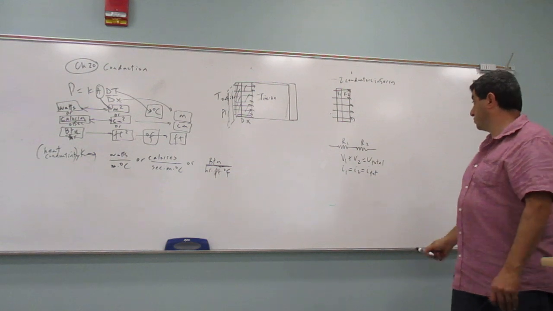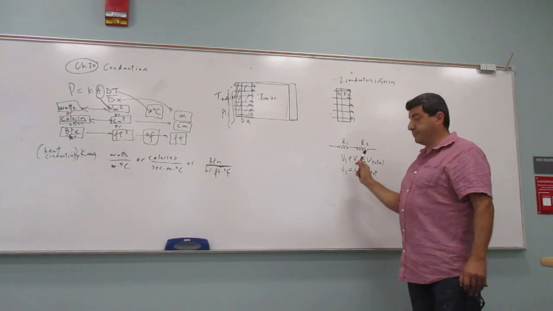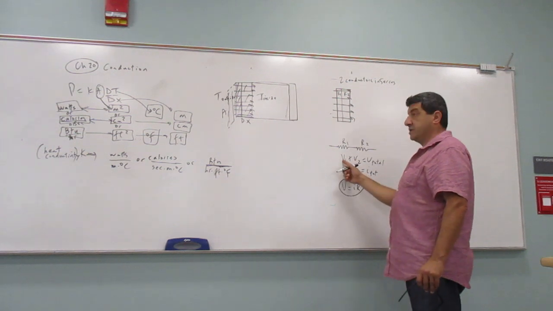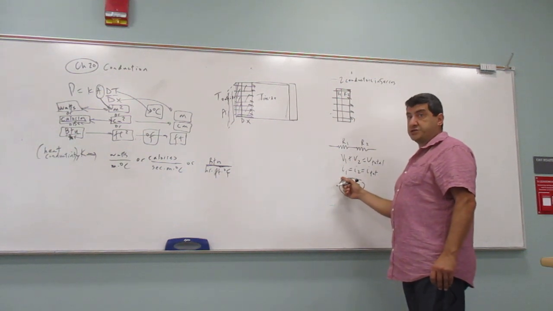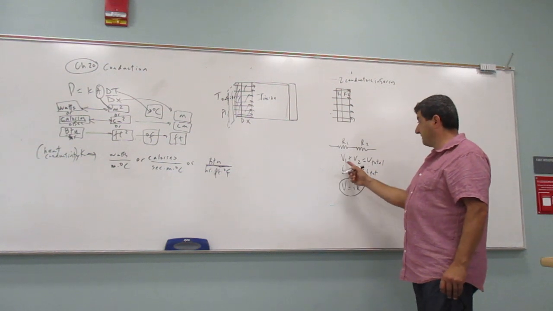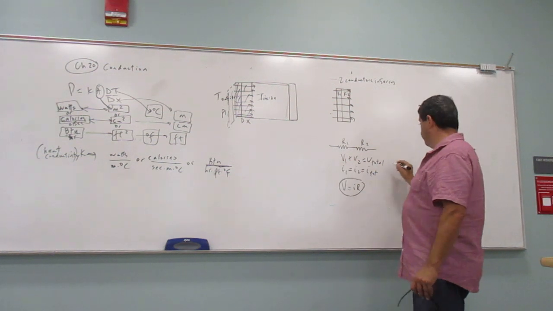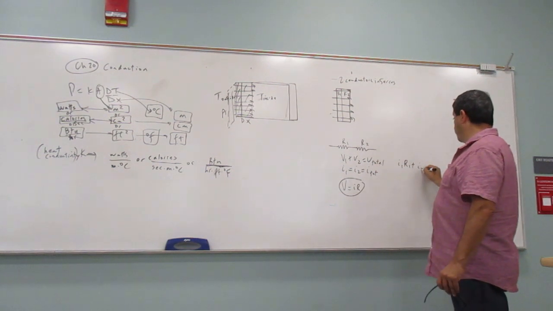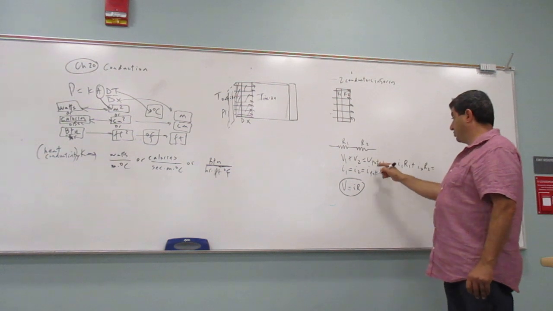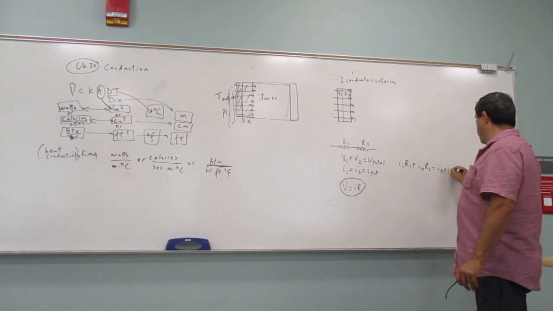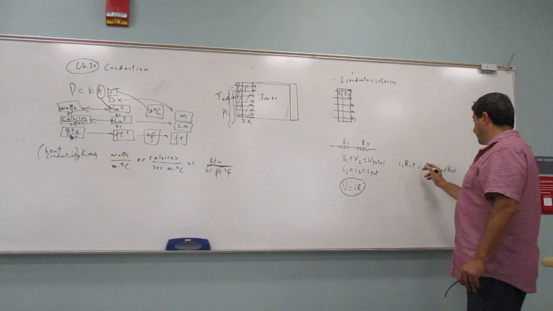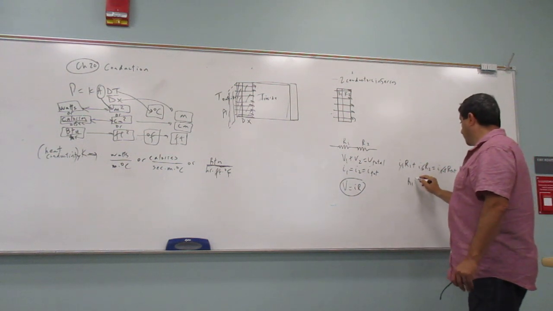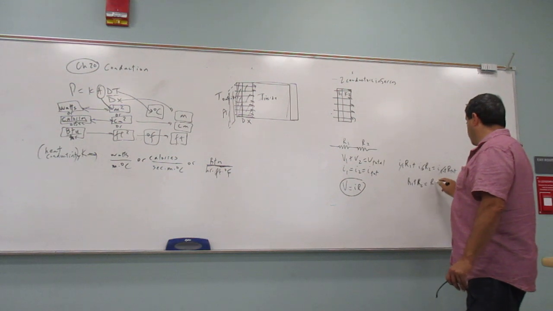To determine how the resistors add up, we use voltage is current times resistance. So V1 is I1 R1 plus V2 is I2 R2, and V total is I total R total. Then the I1, I2, I total cancel, and you get R1 plus R2 is R total.